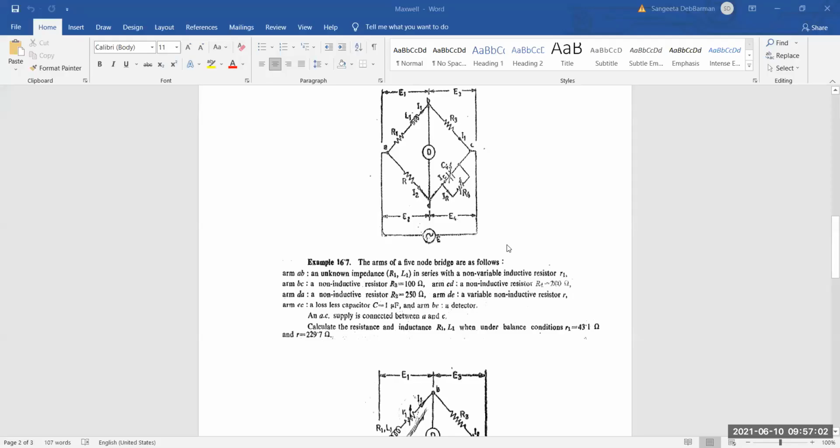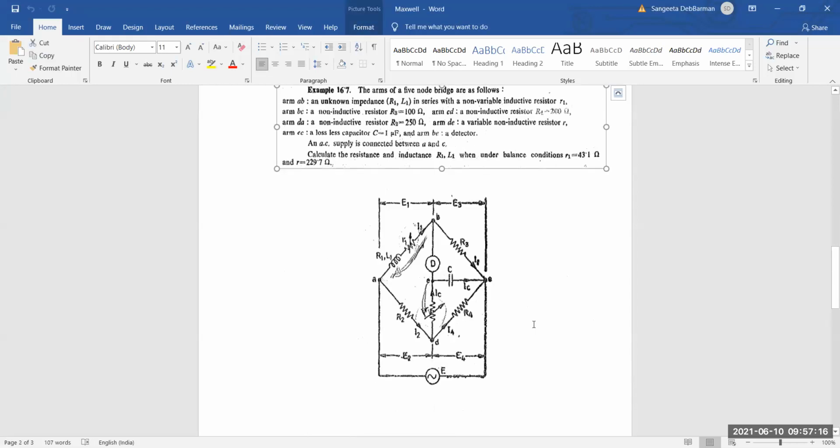See, this Word file is visible to you all. I hope it is visible. Is this Word file visible?